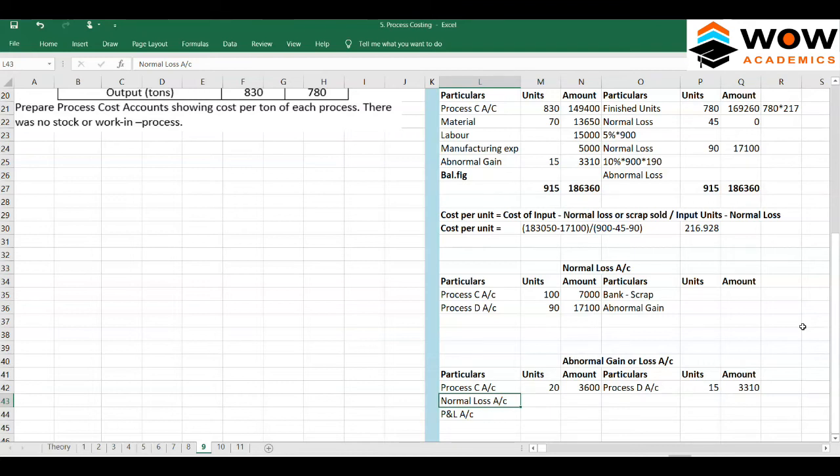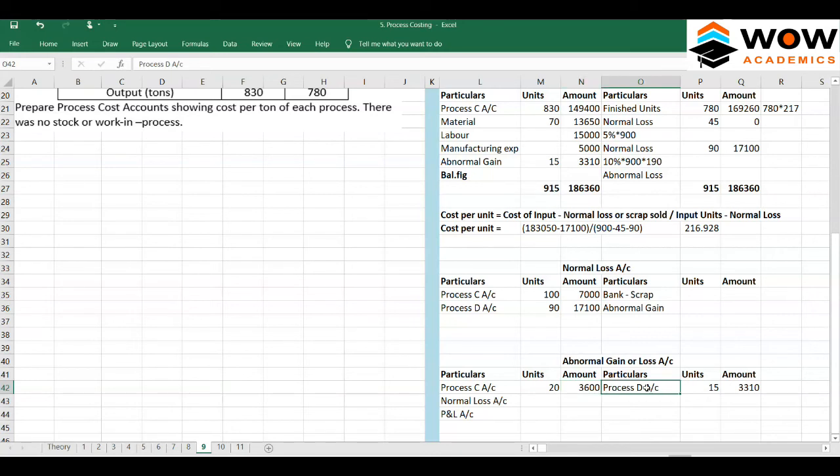So first let's try to adjust the balancing number. Process C has an abnormal loss, so that is an absolute loss. We have to transfer it to P&L only. But process D has an abnormal gain.